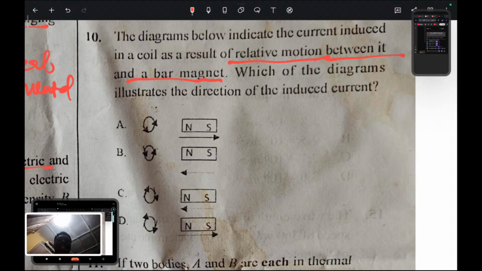Now, with this, you will recall what you were taught in SS1. Like charges repel, right? And unlike charges attract each other.